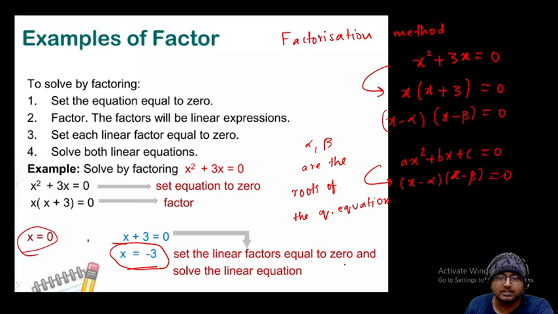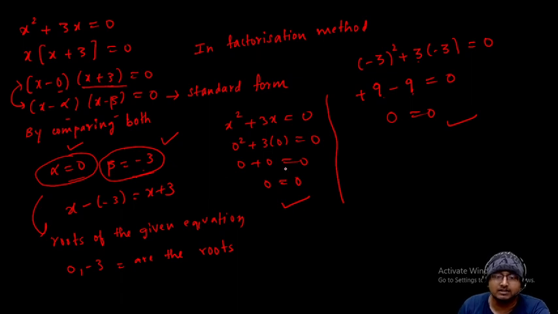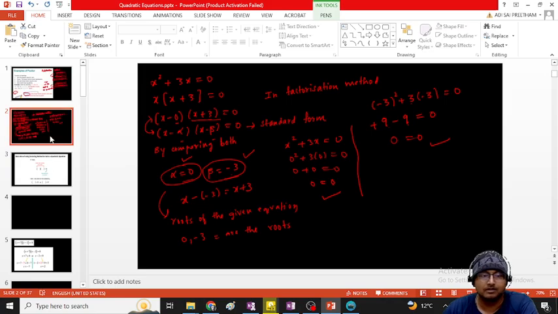Set the linear factors equal to 0 and solve the linear equation. So see, one more thing I will tell. In this factorization method, there is a logic. I'll take one more slide and I'll explain. So here in the factorization method, ax square plus bx plus c is equal to 0 is our previously used standard form.